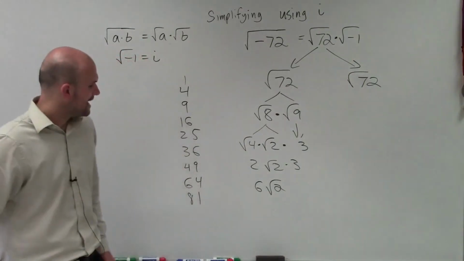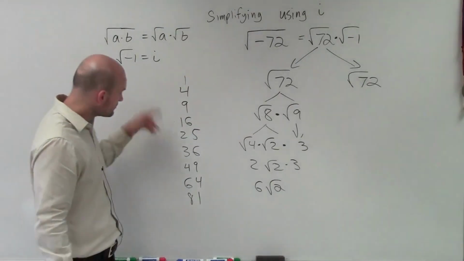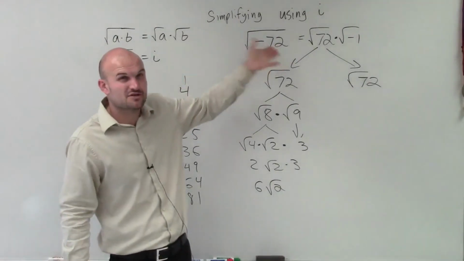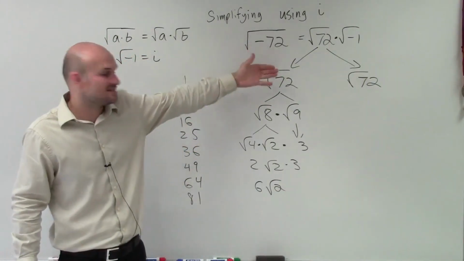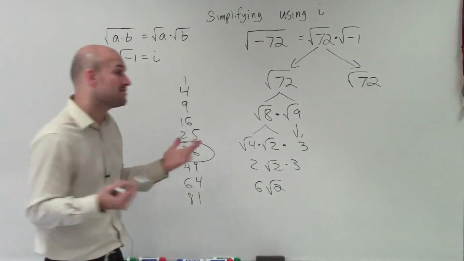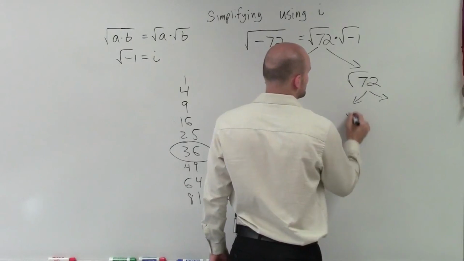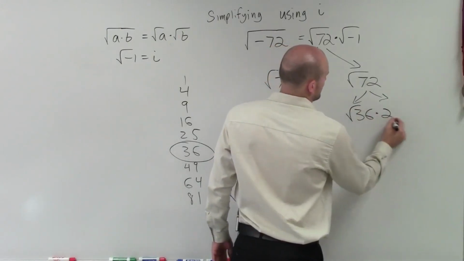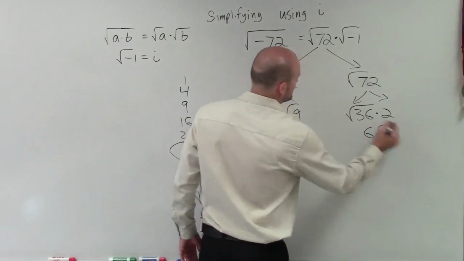And when we're talking about the largest number, I'm talking about square numbers. So we know that 9 divides into 72, but 9 is not the only square number that evenly divides into 72. Our actual largest is going to be 36, and 36 divides into 72 2 times. And then I can easily take the square root of 36, which is going to give me 6, times the square root of 2.